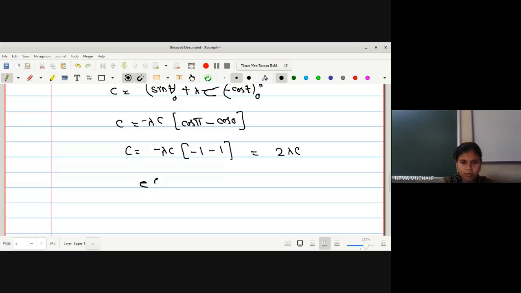So now we can take c outside. We have 1 minus 2 lambda if I take c common. The product of these two is equal to 0, which means one of them should be equal to 0.